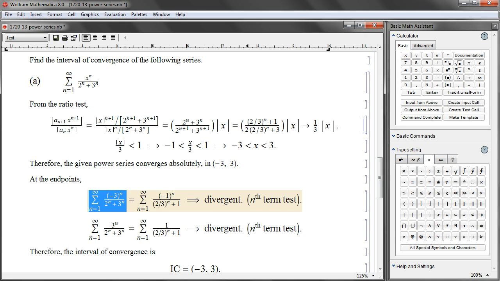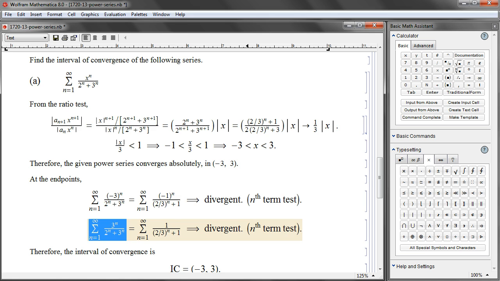It turns out this time it's the nth term test for divergence, because the general term does not go to 0. If you plug in x equal to 3, then again we have this kind of numerical series. Same technique applies. The nth term test for divergence applies, and then we conclude that the series diverges at x equal to -3 and also at x equal to +3.